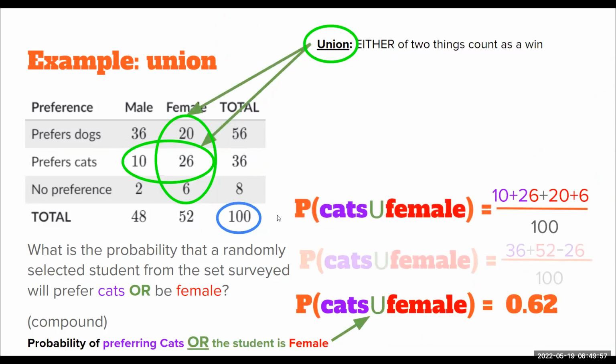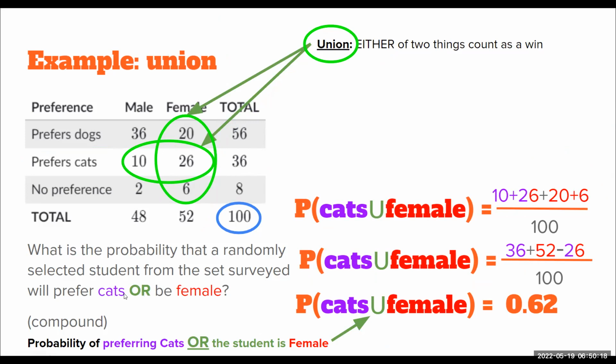For union, I need all of them. I need the 10, the 20, the 26, and the 6. Now remember, if I picked from the total columns, if I picked the 36 and the 52, I would have to subtract one of the 26s that got double counted. So be careful with unions.